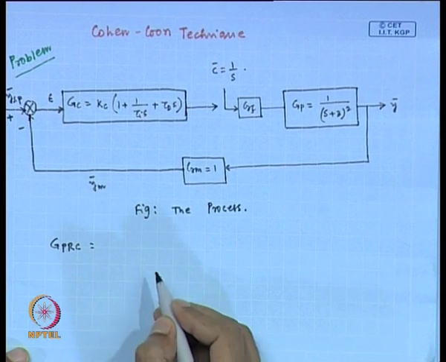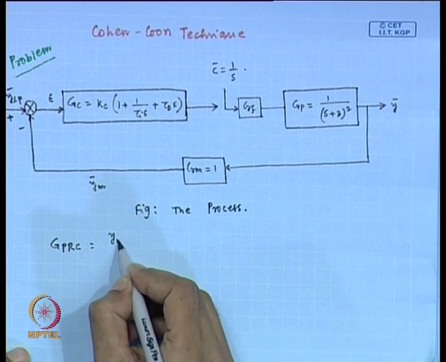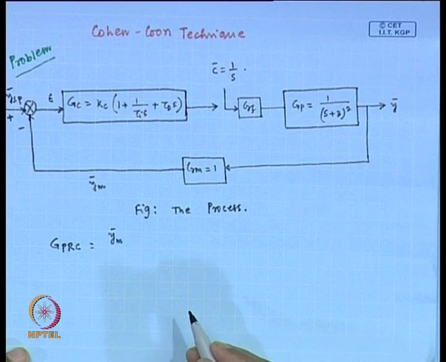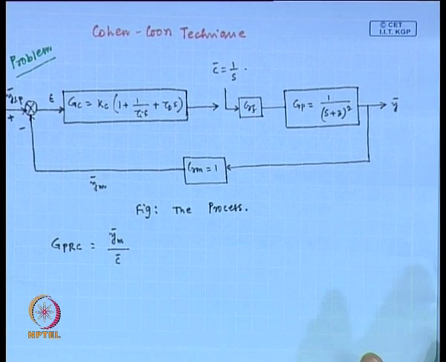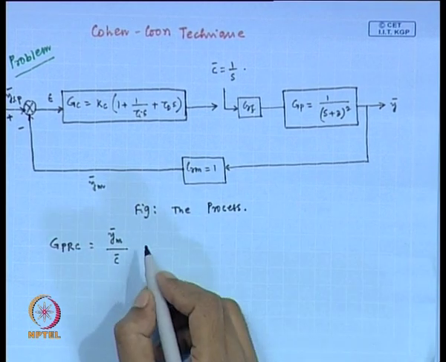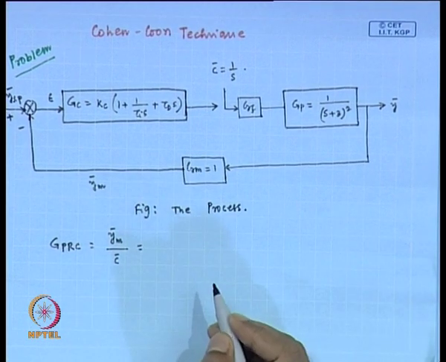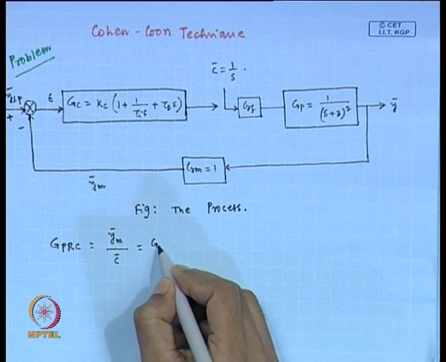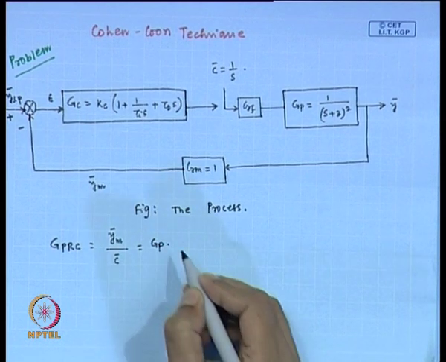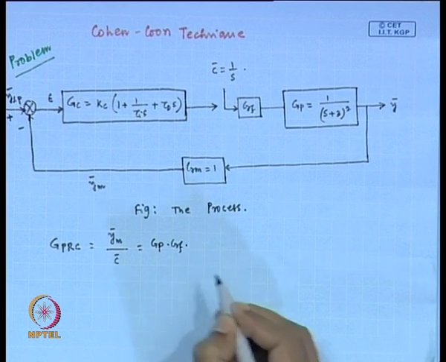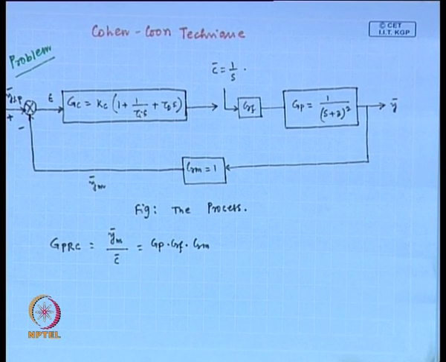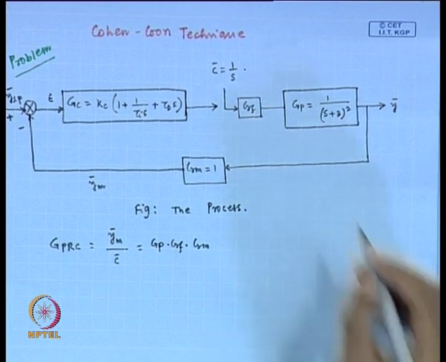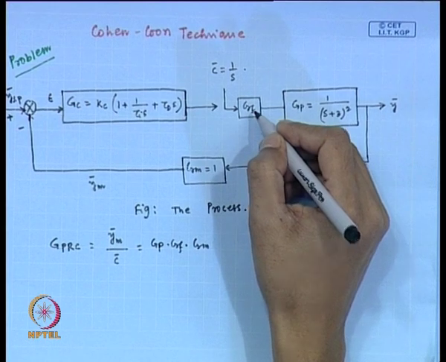is equal to ym bar divided by c bar, which is equal to Gp Gf Gm. For simplicity, we have considered Gm equals 1.